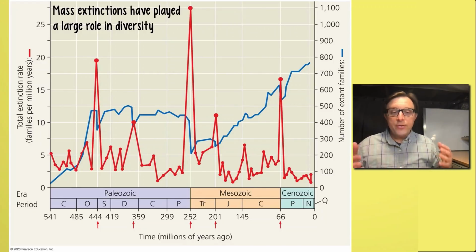But one thing to keep in mind with these mass extinctions is that for the species or families that survived, these mass extinctions often lead to a very rapid burst of evolution, because now there are whole new areas to explore and new resources to exploit, or the predators have disappeared.